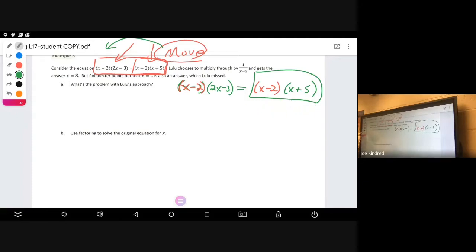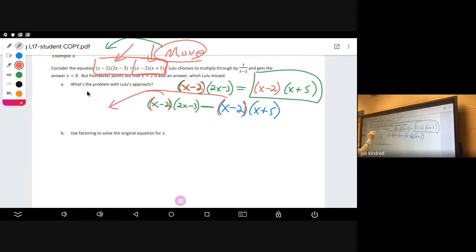Instead of writing all that out, I just need to go and say, all right, here's x minus 2 from the original factor on the left side times 2x minus 3 minus this from the other side. From there, I need to see, wait a minute, these two things I can factor out. I can bring this out and this out.